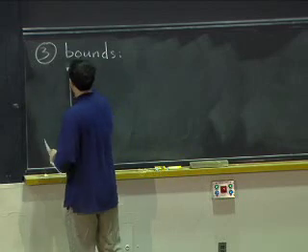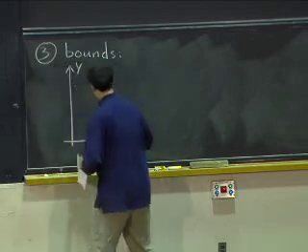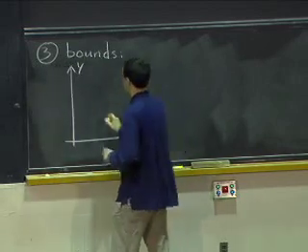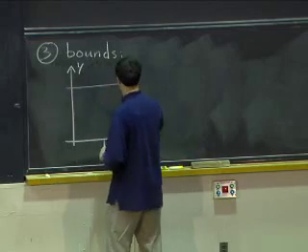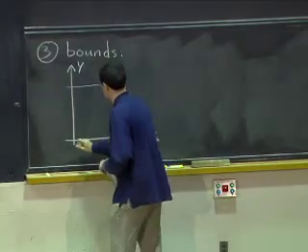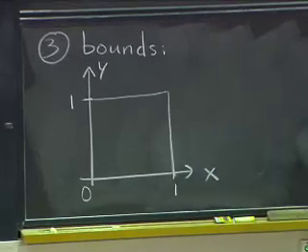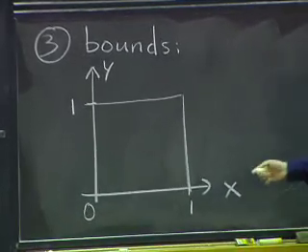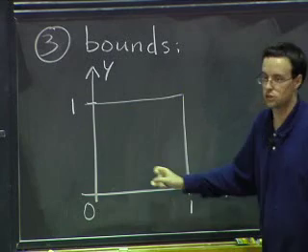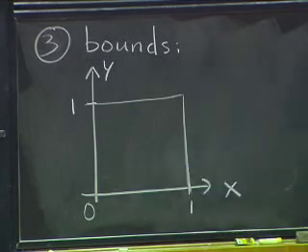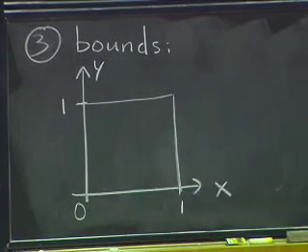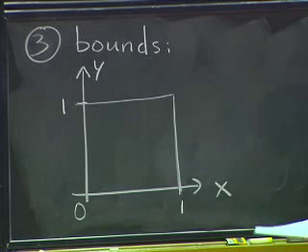Let me draw a picture in xy coordinates and try to understand things using that. So x and y go from 0 to 1. The region that we want to integrate over was just this square. Let's try to figure out how u and v vary in there.